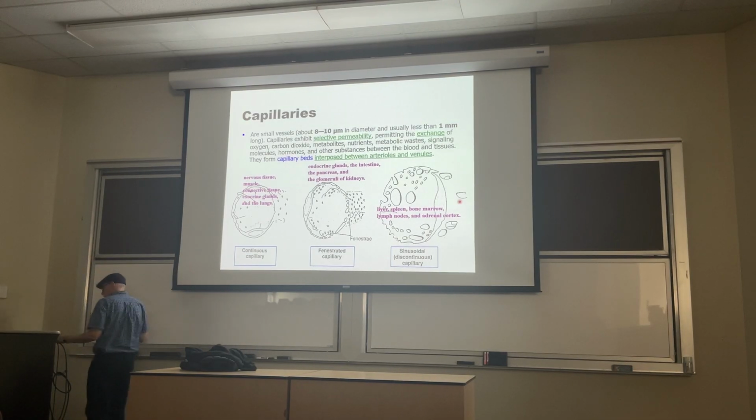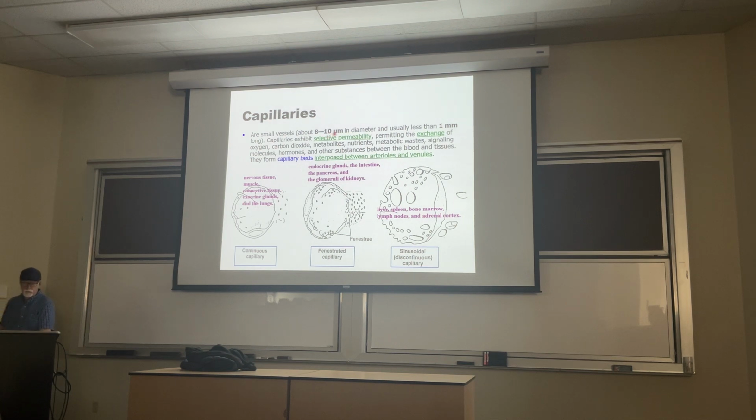We have lots of capillaries, and they don't all have an equal permeability. Notice that most capillaries are between 8 to 10 microns. That's 10 to the minus 6, if you remember, and about a millimeter long. Some of our sinusoidal capillaries are much thicker in diameter than this, but most of the capillaries are about 8 to 10 microns.